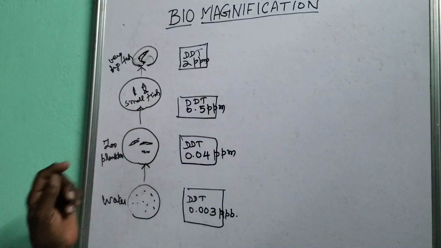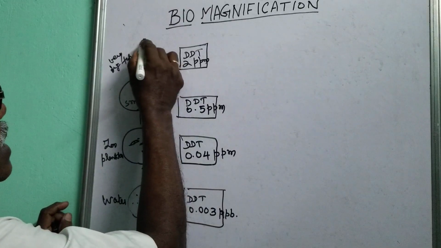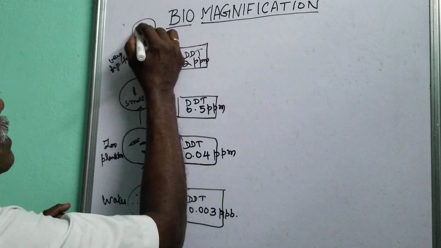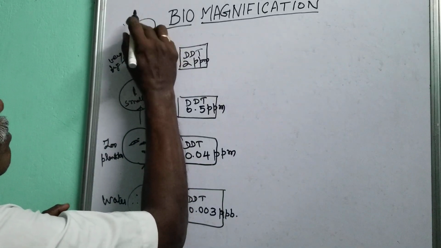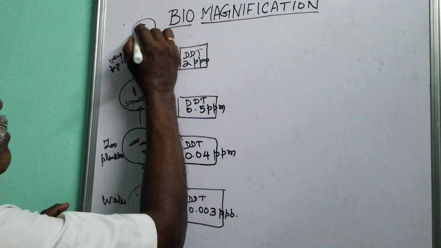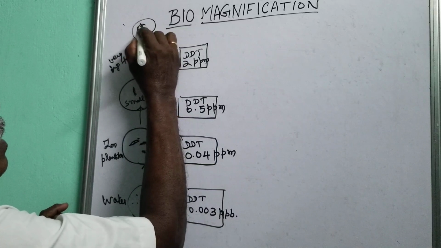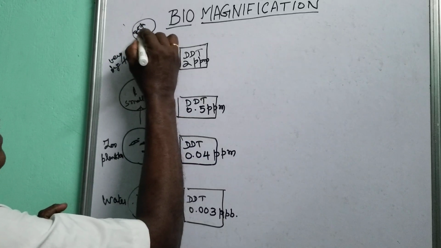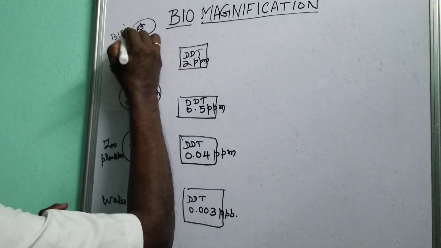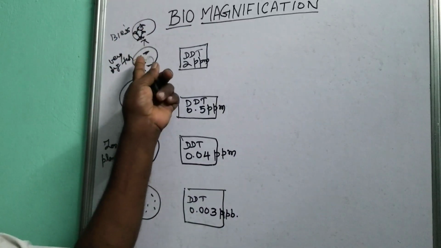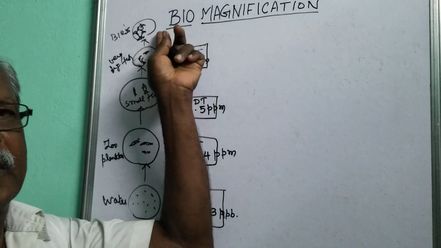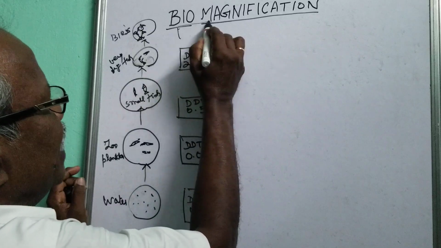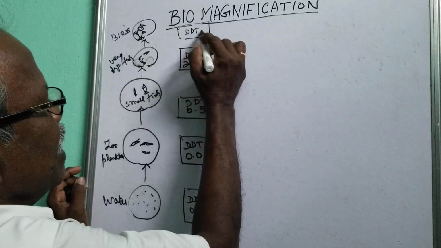Then the next level is hawk, that is the birds. The very big fishes are eaten by the birds. Now the level of DDT is 5 ppm.